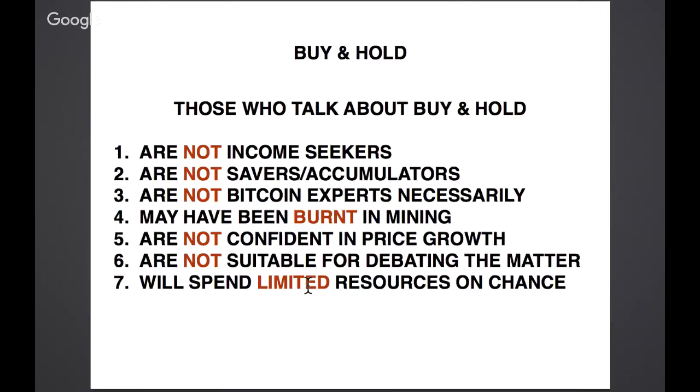And even if you got in at the 3,000 level, well, it's only a temporary loss you face right now when it's hovering around 2,600. But if it's going to go to 10,000, even entering at 3,000 is a piece of cake, surely. So people of limited means will tend to buy and hold, will exhaust their resources, and then they won't know necessarily what to do next.